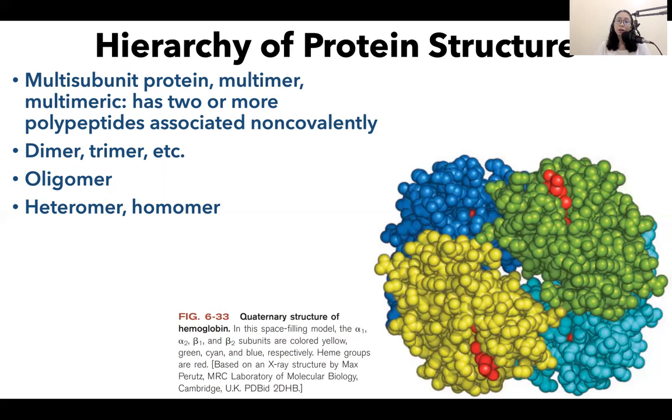So hetero, if you have different sequences for the chains comprising your multi-subunit protein. Homo, the prefix homo is used if you have same chains comprising the quaternary structure of your protein.